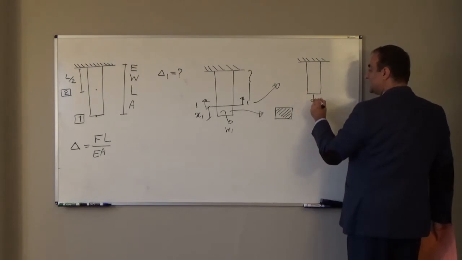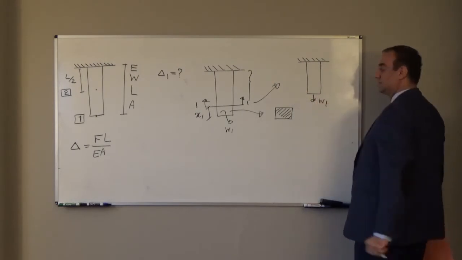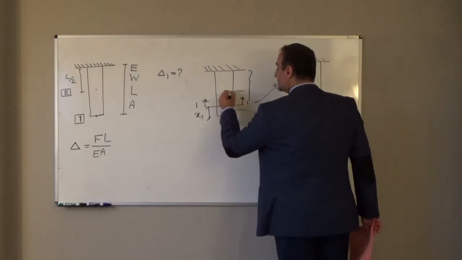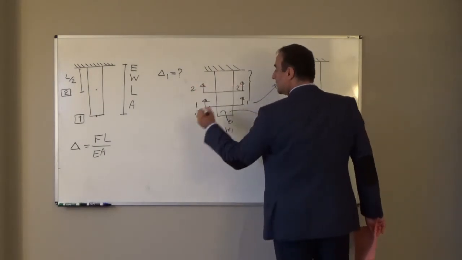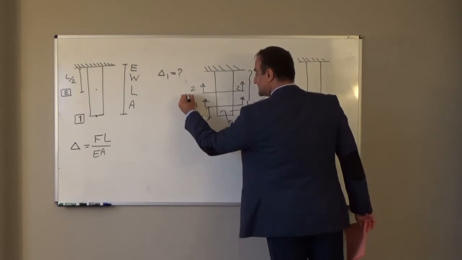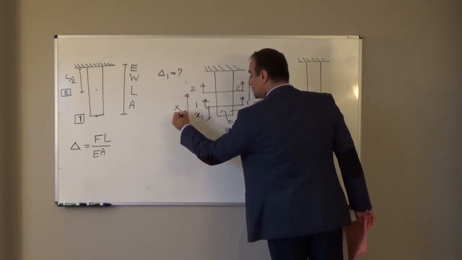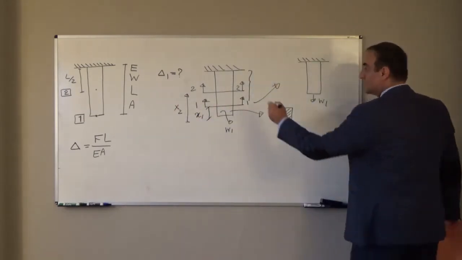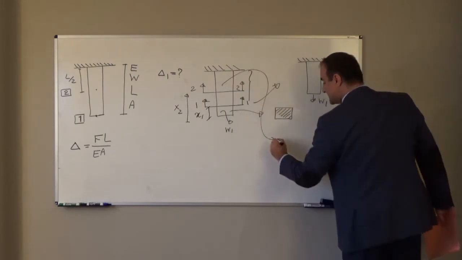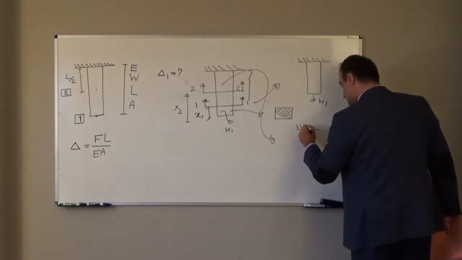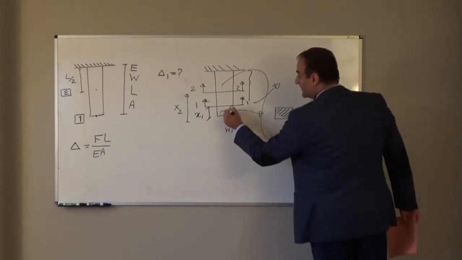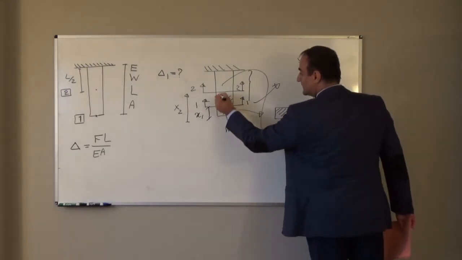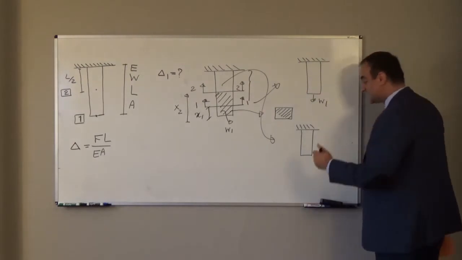So here we have W1. But if I cut at section 2, at the distance of x2 from free end, now for this part, the weight of this segment acts like external load.